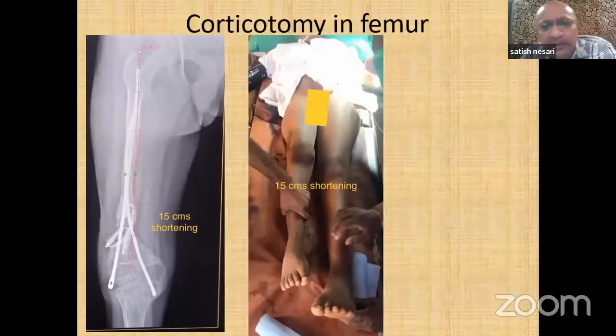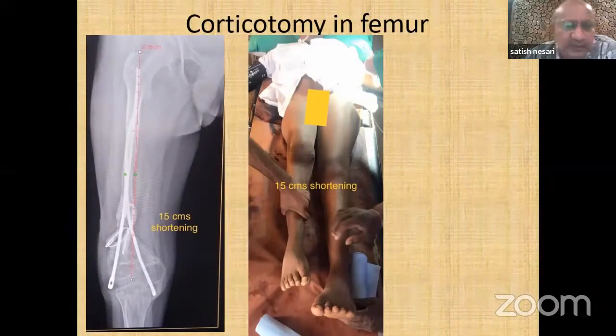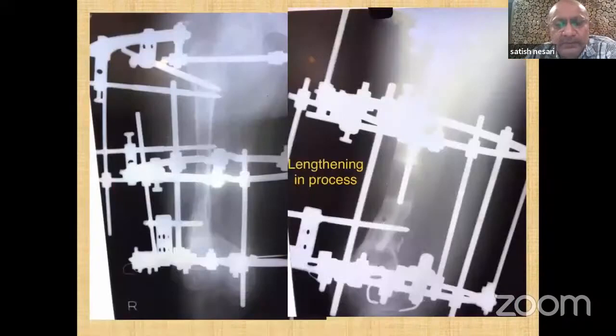So coming to the cases, this patient presented to me with osteomyelitis and growth arrest, a 16-year-old boy with 15 centimeters of shortening of the right femur. Since there was an infection running on, the first process was control of the infection and the second was union. Within 2 months, everything got controlled and the non-union united.